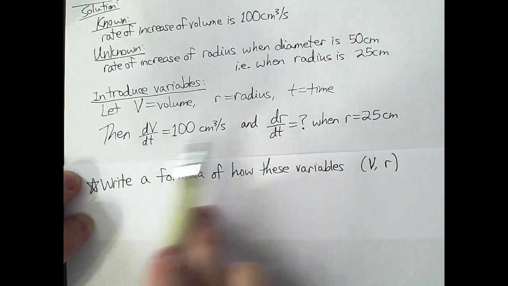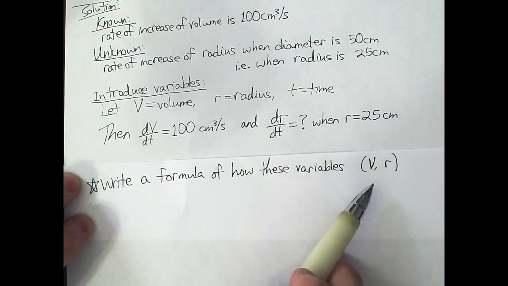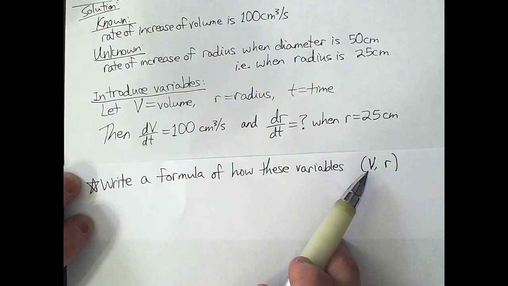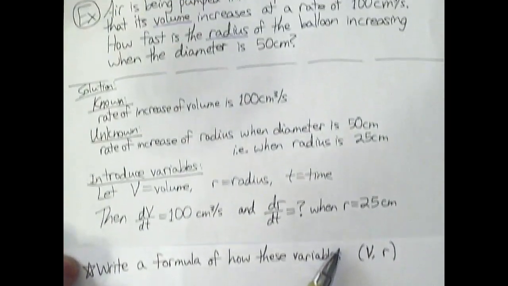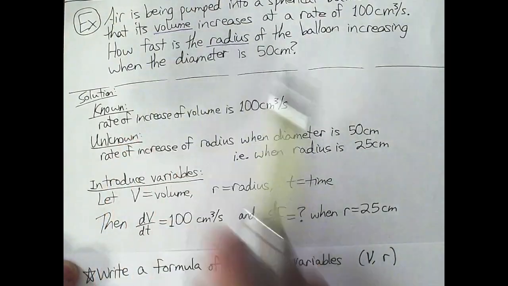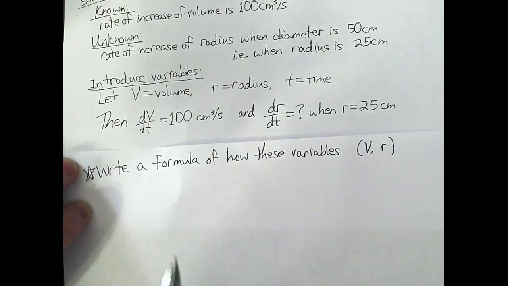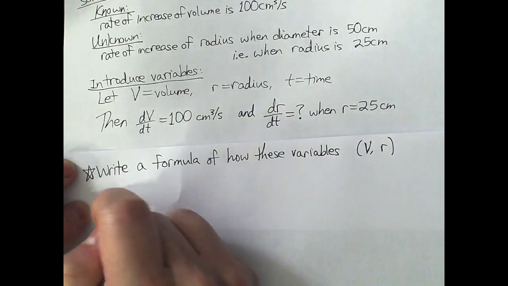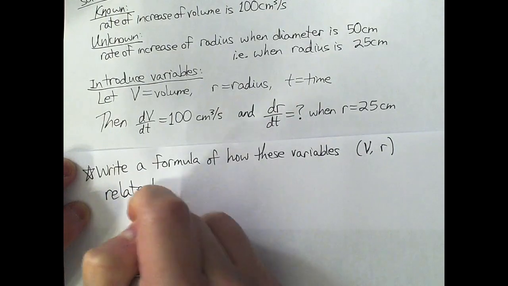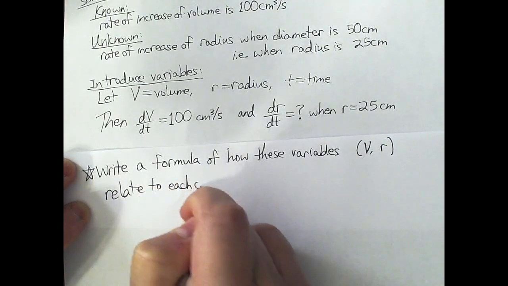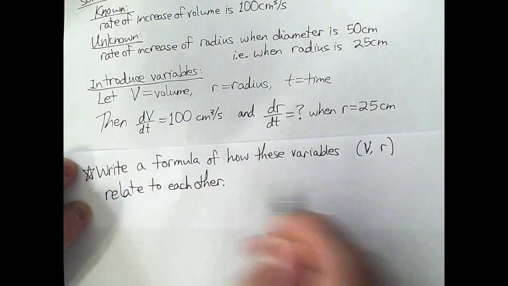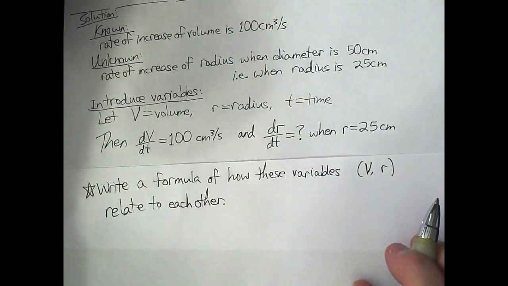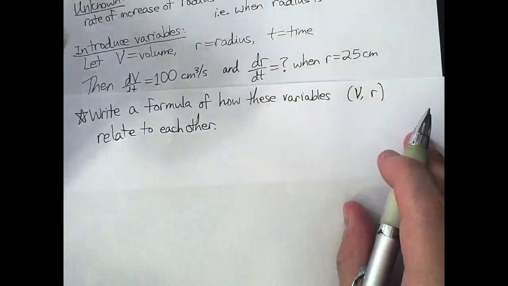V and R are the two things that we took derivatives of. So these are the main things of interest. I even underlined them in the problem, volume and radius. So write a formula for how these variables relate to each other. How are volume and radius related to each other?